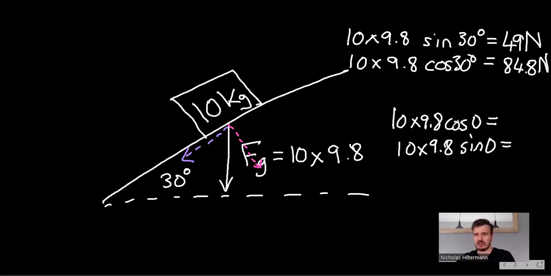Now the cos 0, from trigonometry, you put that in your calculator, you'll get the full 98. Sine 0, because our sine graph starts at 0, is 0.